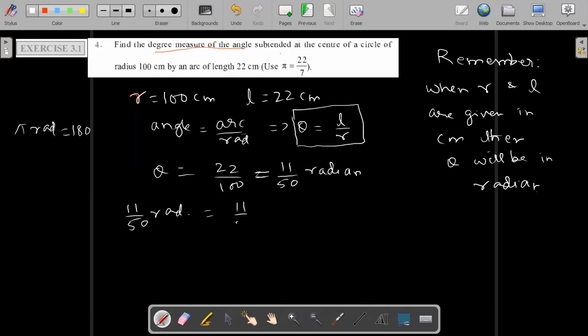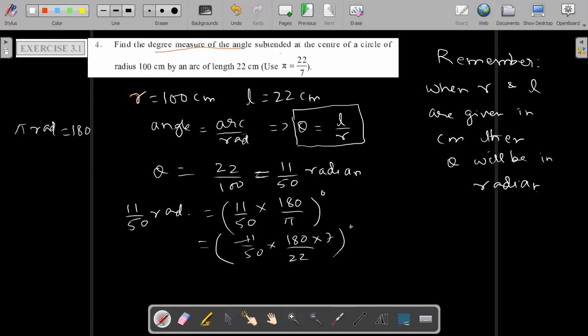So 11 by 50 into 180 by pi degrees. Now it will convert into degrees. Substitute the value of pi: 11 by 50 into 180 upon 22 by 7, and 7 will come up, degrees.